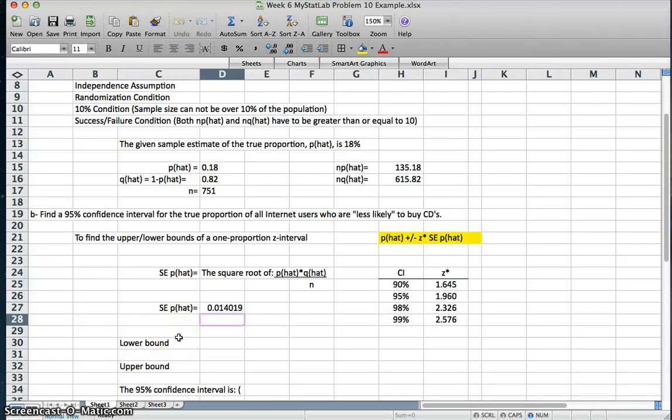And we can go ahead and calculate the lower and upper bounds now that we have everything we need. We have our standard error, we know what p hat is, and we know what our z-score is.